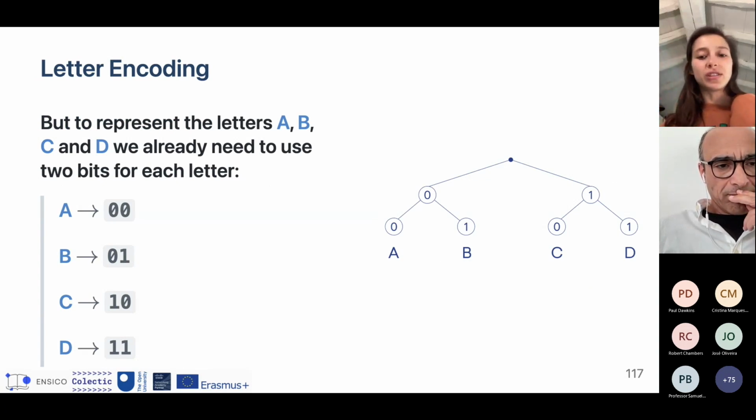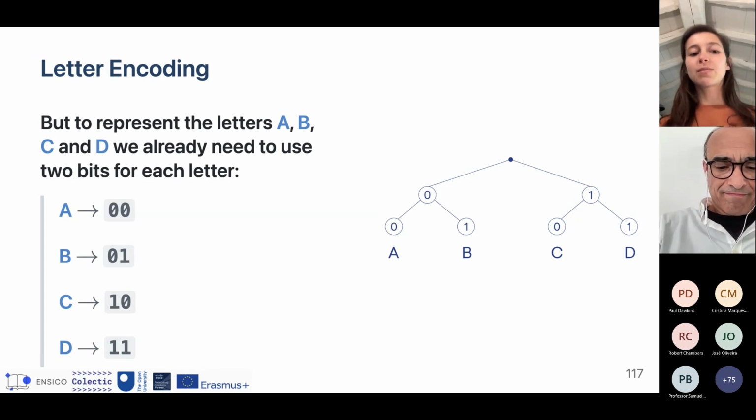We need more branches. So we are going to split each branch in two. Whenever we have a branch to the left, we write a 0, and a branch going to the right represents a 1. So for instance, letter A here has the binary code 00, letter B the binary code 01, letter C 10, and letter D 11.